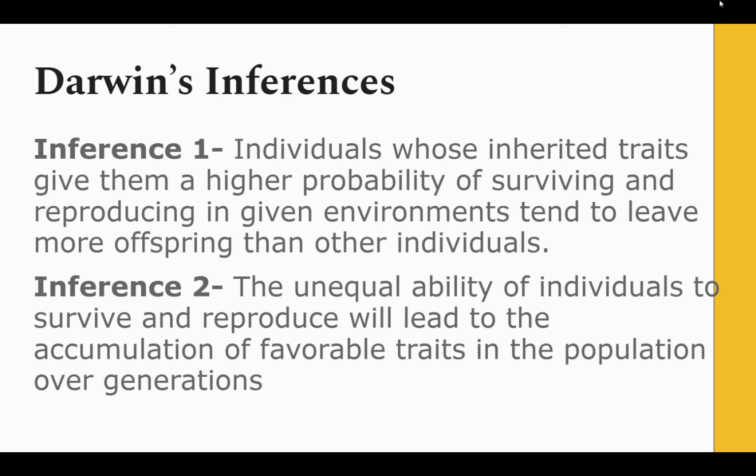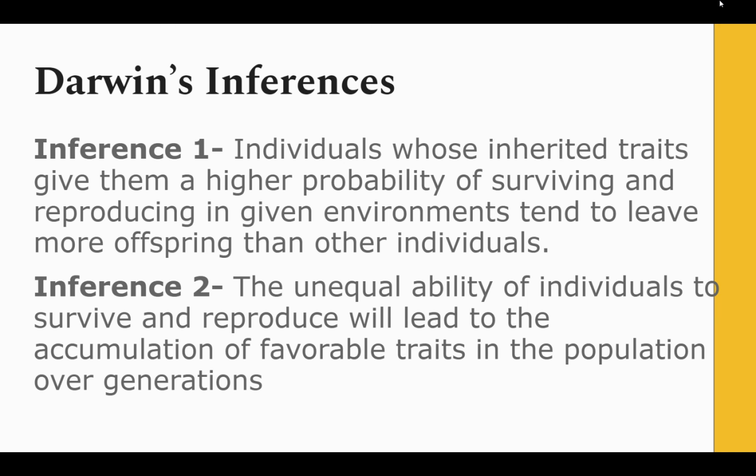And he took that idea and his observations and he said, well, if abilities and traits and characteristics are unequal, if there are some organisms that are better fit to their environment than others, it will lead to the accumulation of those favorable traits.